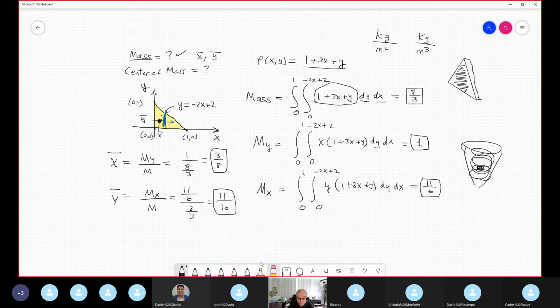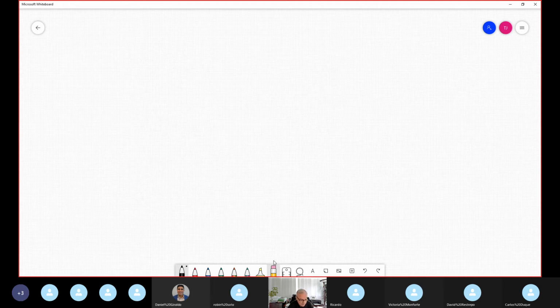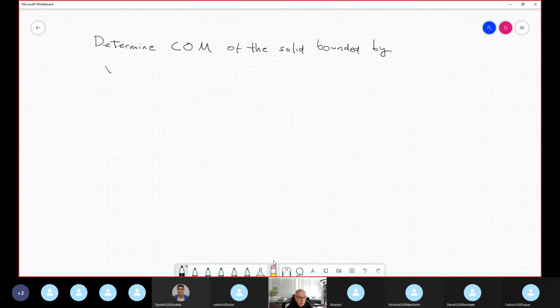Let's see in 3D now. Suppose that I need to determine the center of mass of the solid bounded by x squared plus y squared equals z, and x squared plus y squared equals z squared.